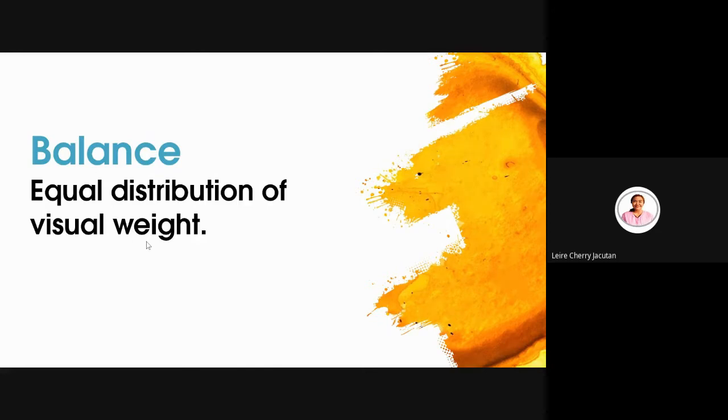So dapat nagmi-mirror siya or kahit hindi parehas yung image, basta yung bigat niya dapat the same din sa kabilang side. For example, merong isang mama na nasa kaliwa, nasa kanan dapat is either mama din or tatlong bata, ganun. Para mabalanse lang yung bigat niya sa kaliwa at sa kanan.